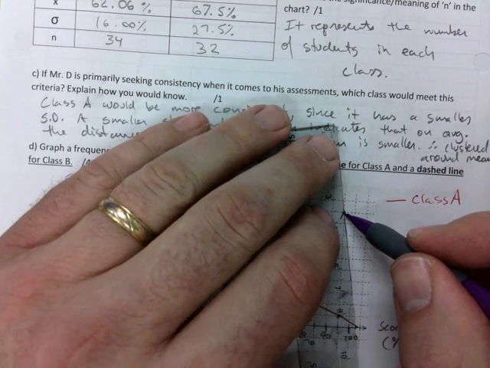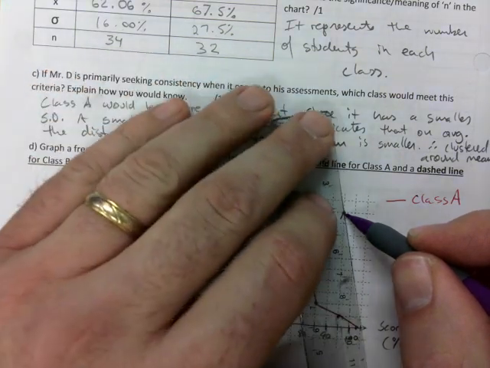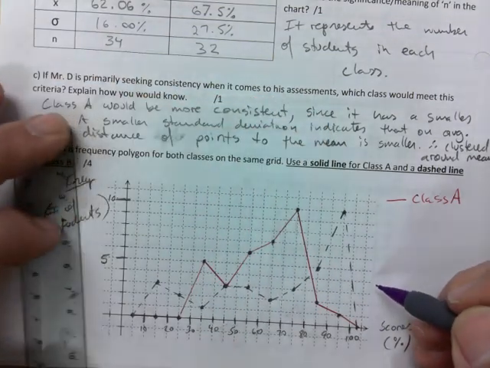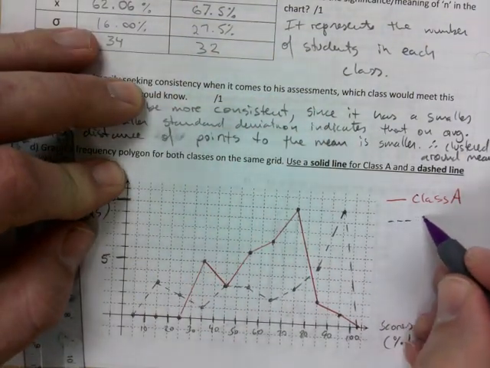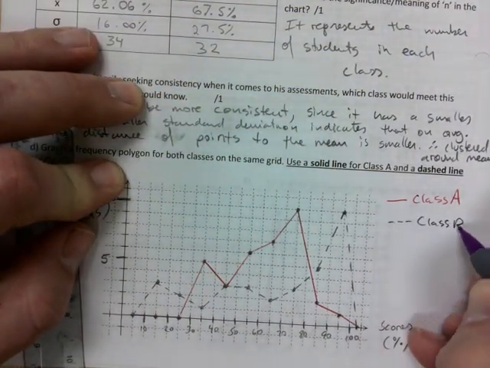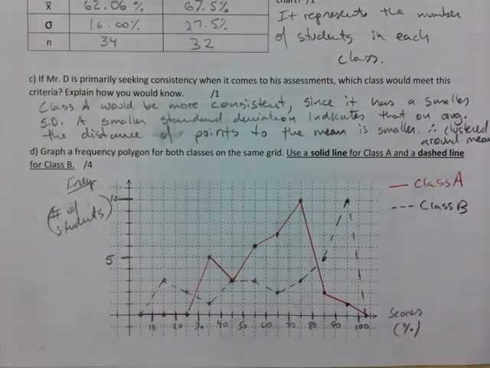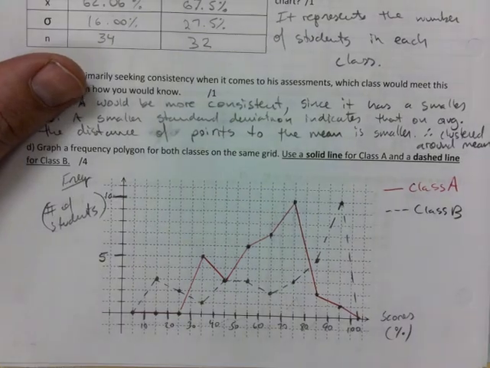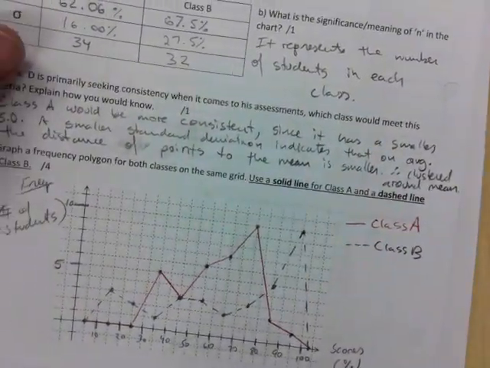And then make sure you close it somewhere here. Okay. There you have it. That's your frequency polygon. That's it for this video. I will make a third one for the last.